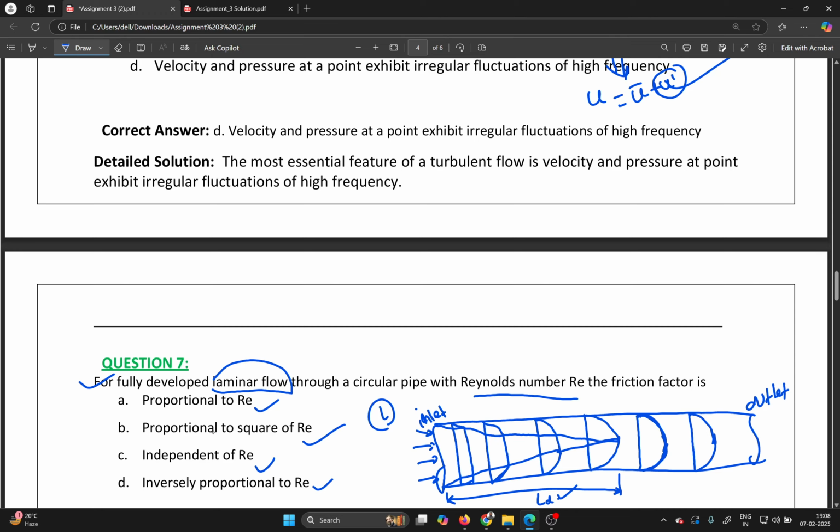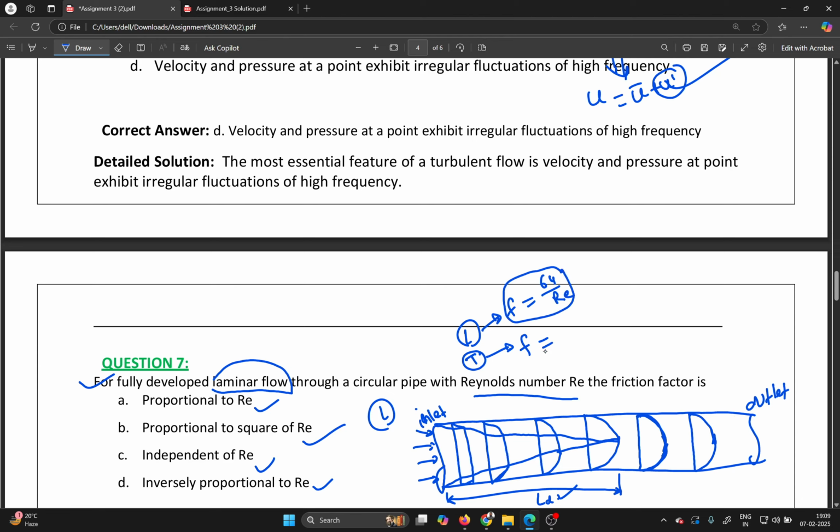Okay, coming to this point, question number 7. How is your Re related with the friction factor? In case of laminar and in case of turbulent, you need to calculate the friction factor, that is, you need to calculate the loss due to pipe friction. So in case of laminar flow, you calculate it as 64 by Re.